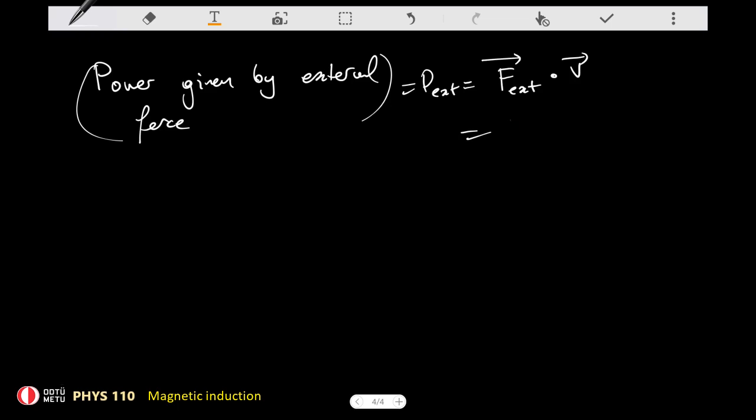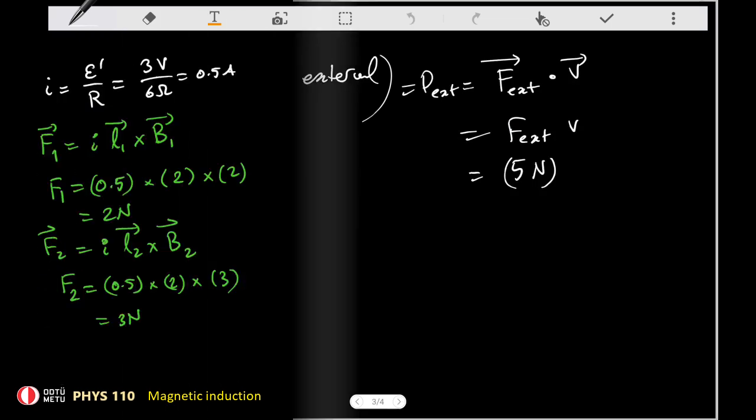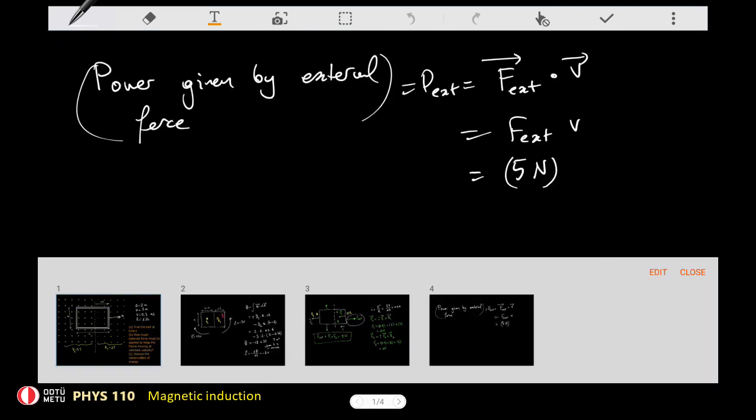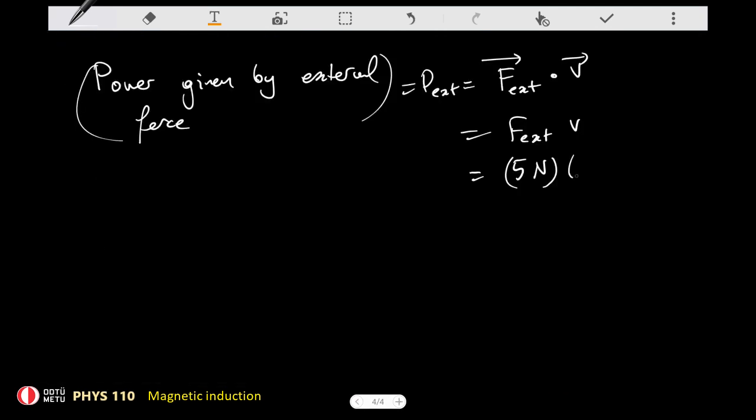Since these are along the same direction, this is equal to the product of the magnitudes. Force was 5 newtons. I need to remember that value too. Velocity was 0.3 meters per second. So therefore, this is 1.5 watts.